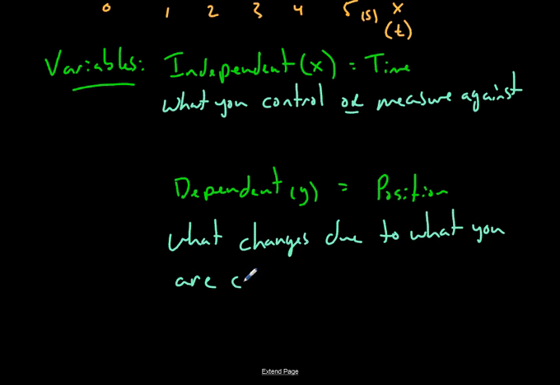And when I say controlling here, I'm saying it in a way that means you're sort of changing things. I'll show you an example of that in a minute, okay? What changes due to what you are controlling or what you are measuring against.